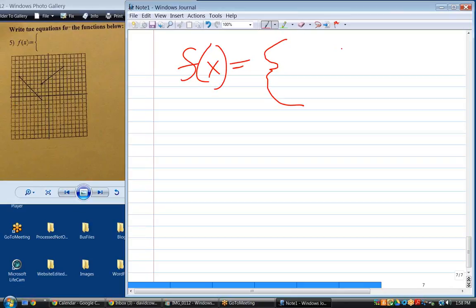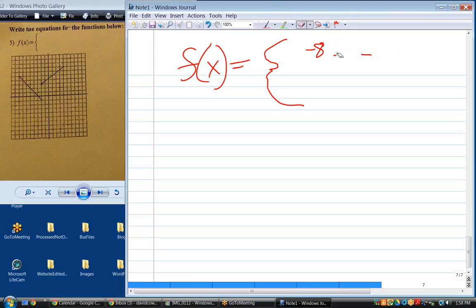So I'm going to say when x is greater than or equal to minus 8, and the reason I say that is because that looks like a closed dot to me, up to this point here. Well, what is x right here? It is negative 2. And that's also a closed dot. So that's the way I would write the right side of this thing.